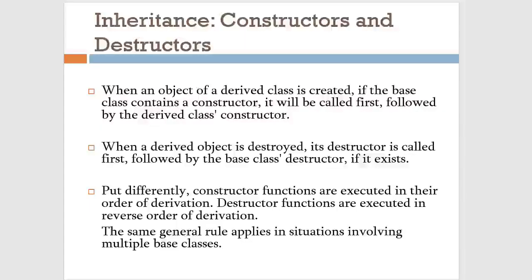But in the case of a destructor, when that derived class object is destroyed, its destructor is called first, followed by the base class destructor if it exists. Put differently, constructor functions are executed in their order of derivation. However, destructor functions are executed in the reverse order of derivation. The same general rule applies in situations involving multiple base classes. So we'll add these three points and understand them with the help of an example.